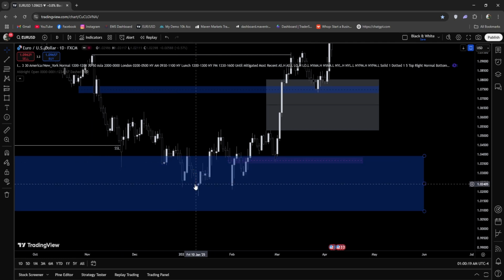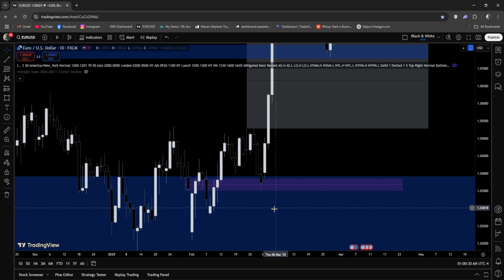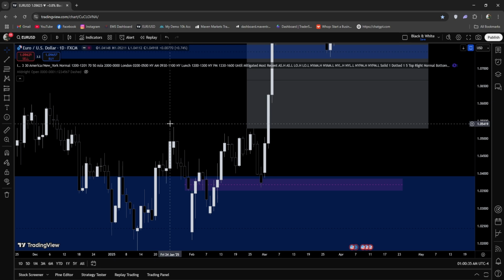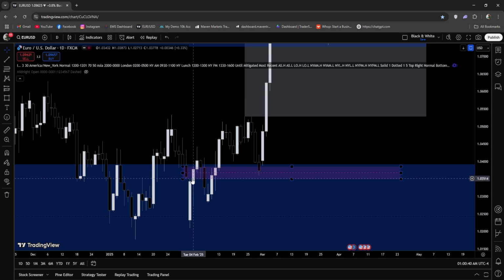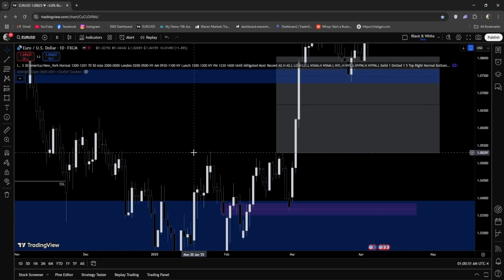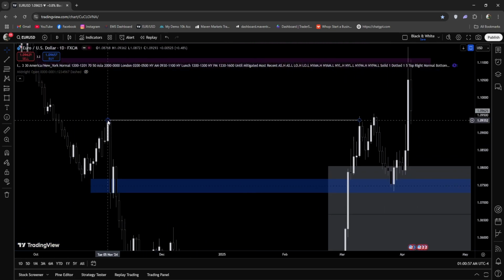Look at the bodies respecting the consequent encroachment of this fair value gap, and then we came down, respecting the consequent encroachment of this wick, and then we go up close to this high, we make some liquidity, and then we go back down to this fair value gap. Look at the body respecting the consequent encroachment of this inverted fair value gap. This is just really good, right? And then it booms, it goes up, it takes this high right here, and straight away it takes this high.